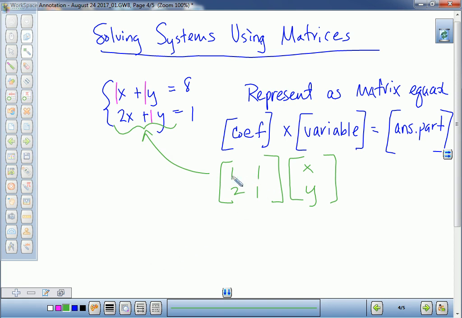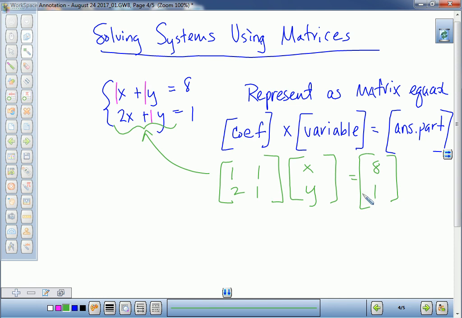Do you see that if you do this product, 1 times x is 1x, 1 times y is 1y, so this would be x plus y. 2x plus y. So if we do the matrix multiplication with this 2 by 2 times this 2 by 1, it takes us right back to where we started. Now, we will set that equal to an answer matrix.